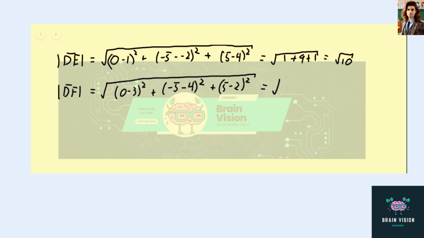So this would be the square root of 9. -5 minus 4 should be -9 squared would be 81. And then 3 squared again would be another 9. So this would be the square root of 18 plus 81, which is square root of 99. Yes, okay. And then lastly, EF.